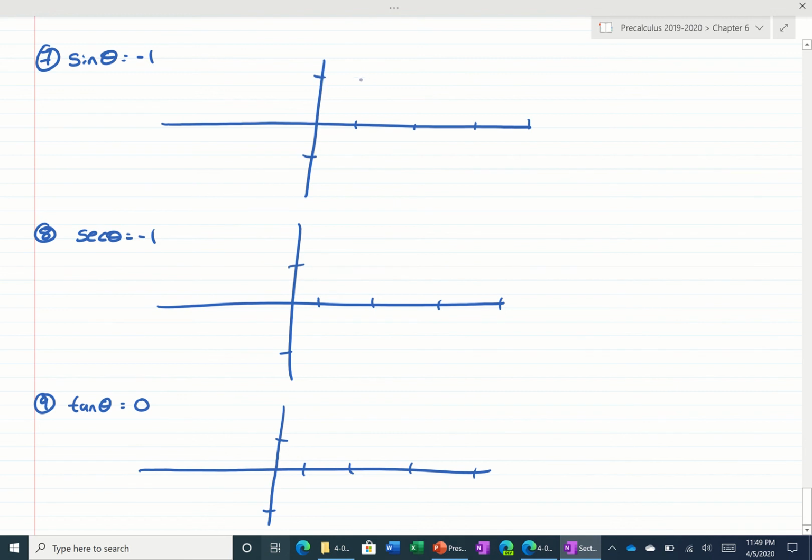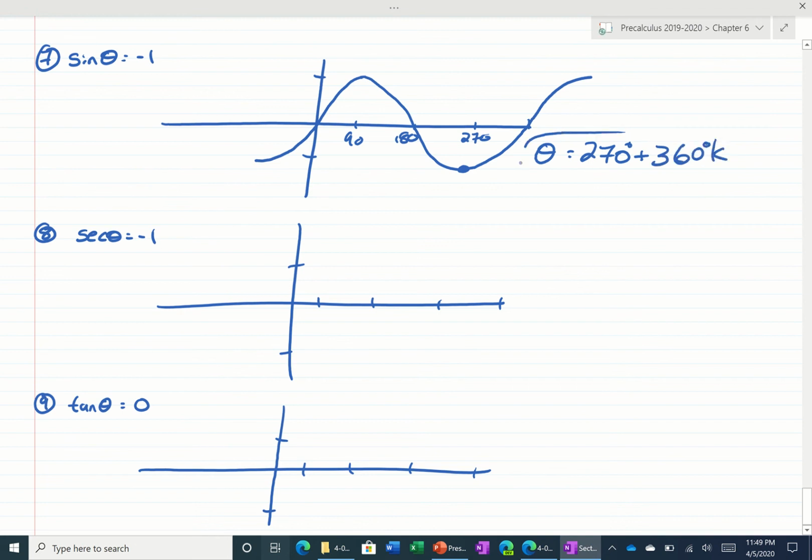Sine, remember, looks something like this. It's 90, 180, 270, it's negative 1 right here. So the answer for this would be 270 degrees plus the period. We always write the period at the end.